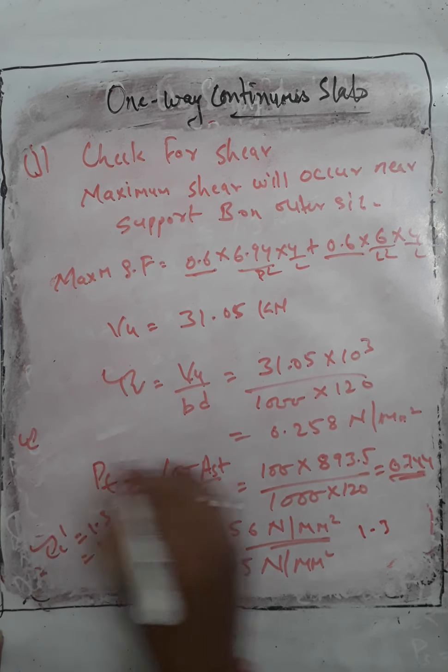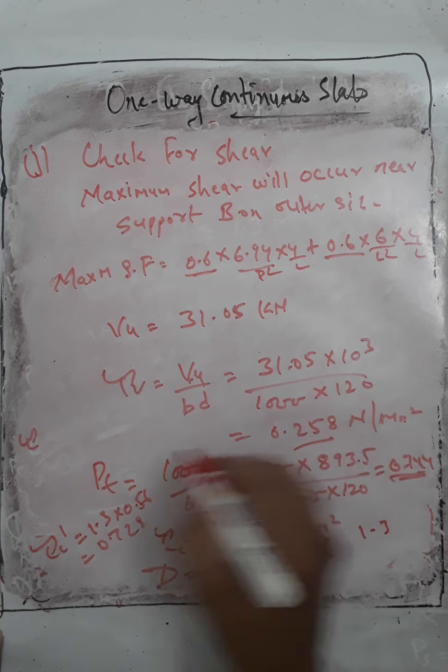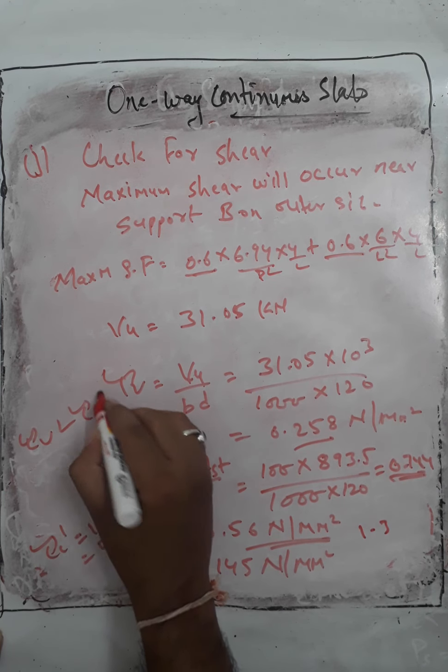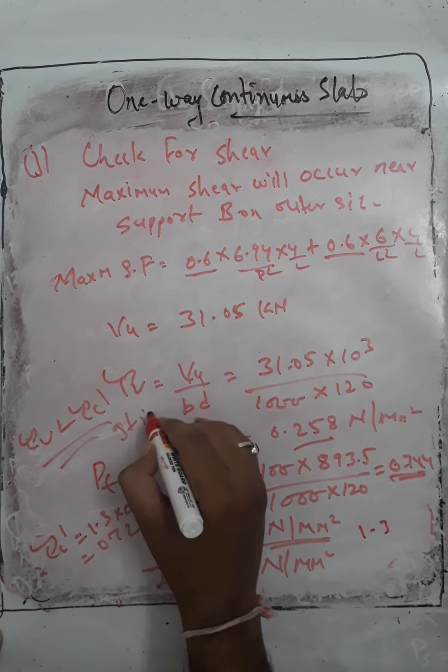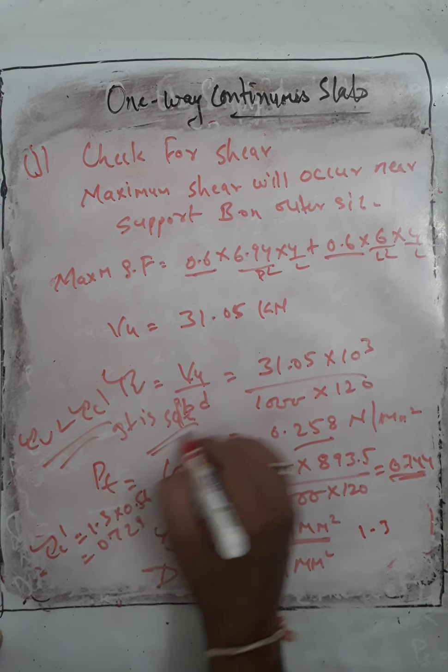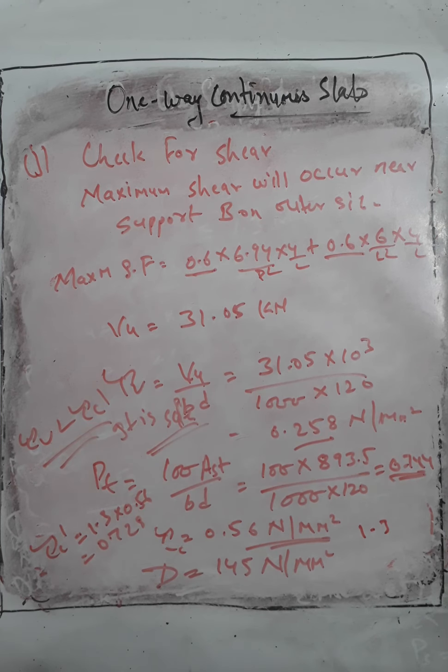So tau V is 0.258, so tau V is less than tau C dash, means it is safe. So this is the check for shear. Okay, so in this way you have to find the criteria for checks.